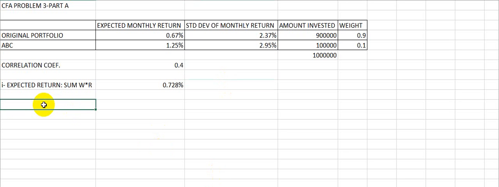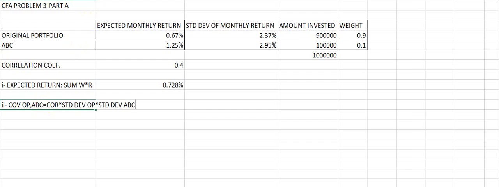Now part B says calculate the covariance of ABC stock returns with the original portfolio returns. Okay, so this is the second part, the covariance for the original portfolio along with ABC stocks. The rule says the correlation coefficient times the standard deviation for the original portfolio times the standard deviation for the ABC stocks.